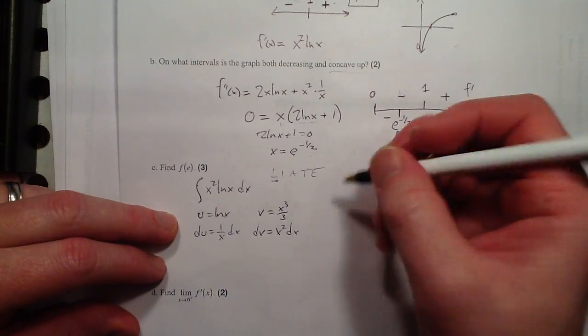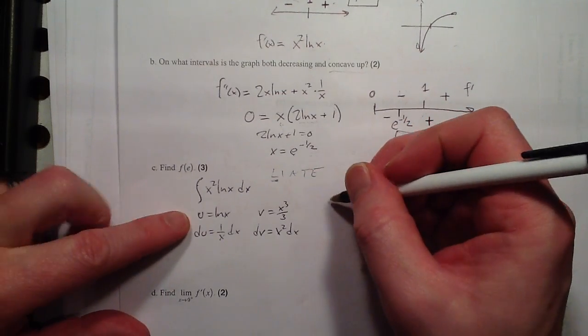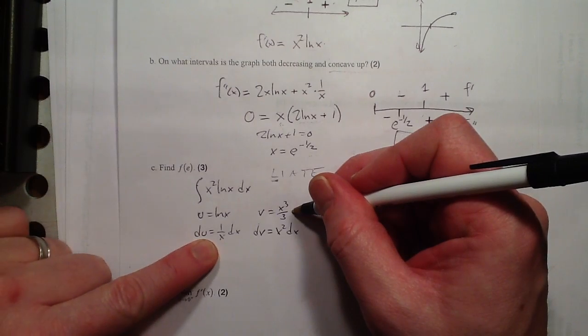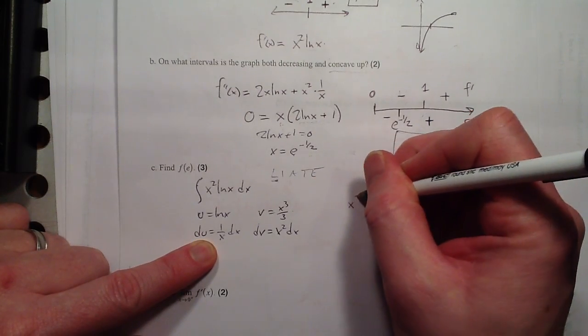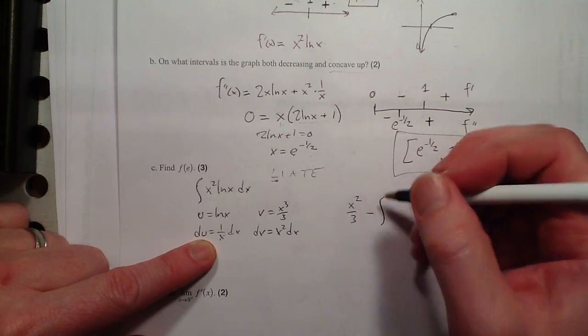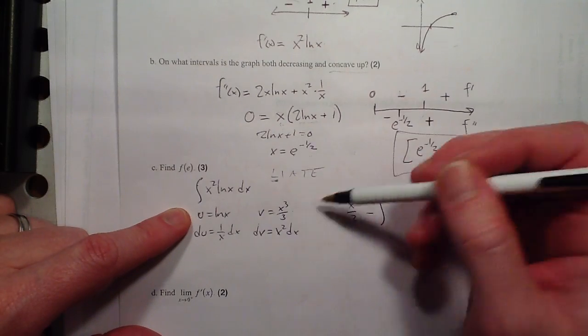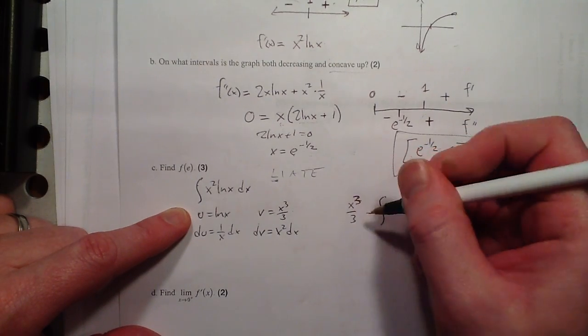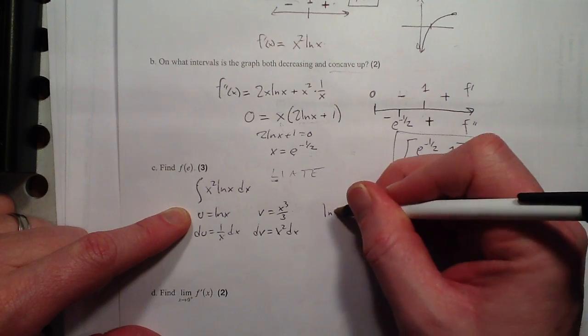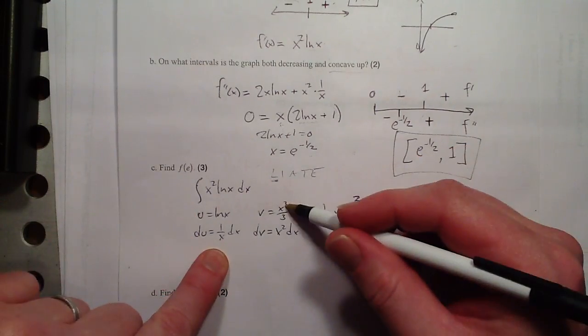So rewriting that, the original integral turns into uv, which is x cubed over 3 times natural log x, minus the integral of v du.